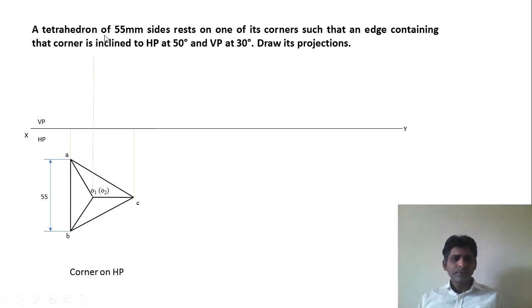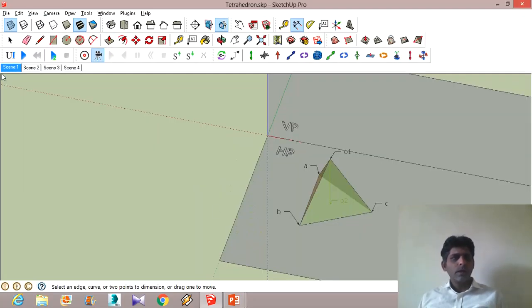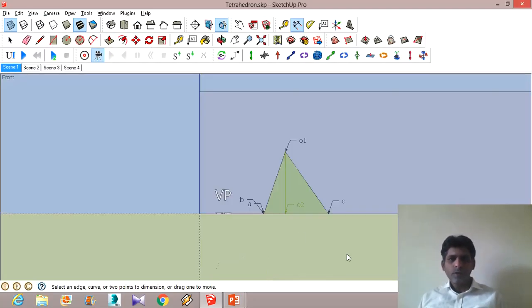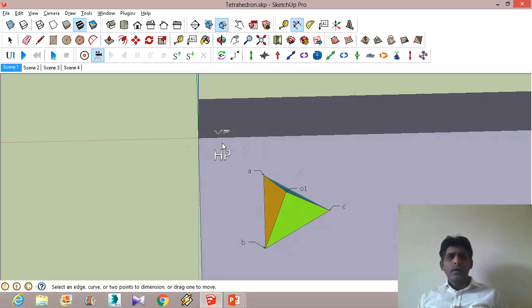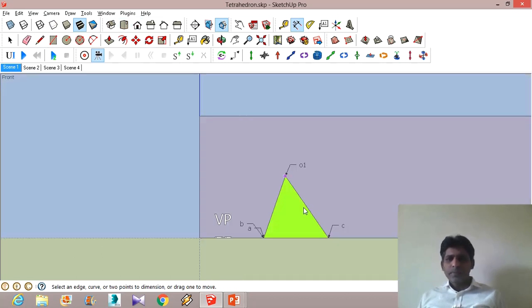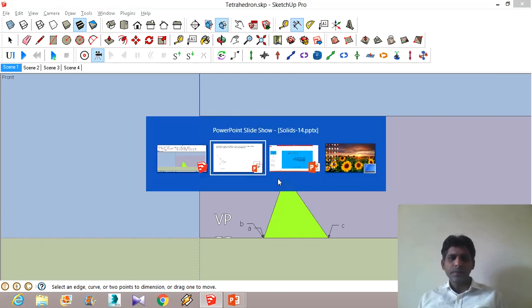To construct this, first of all O1C is an edge which is parallel to the vertical plane. So what we have to do here is, from this point C, we have to measure 55 millimeters and draw an arc.